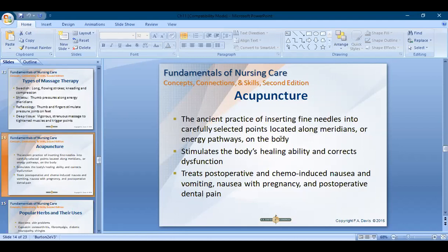They try to stimulate the nerve endings, stimulate the body's healing abilities and correct dysfunction, and treat post-operative and chemo-induced nausea and vomiting, nausea with pregnancy, and post-operative dental pain.